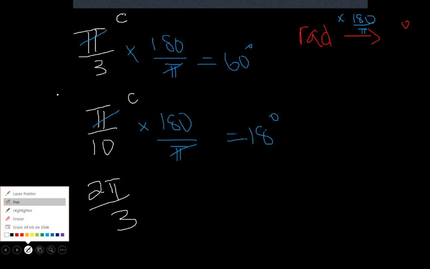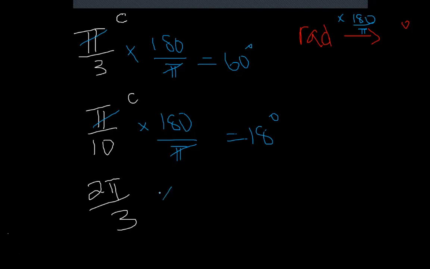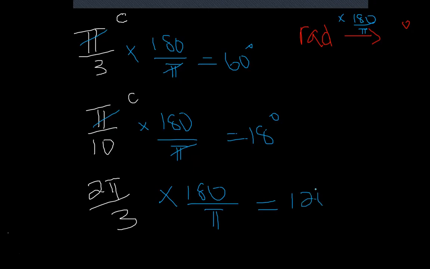Okay, sorry about that. So 2 pi on 3 multiplied by 180 on pi, yes, it is 120 degrees. But even if you do this whole method, multiplying by 180 on pi to get the 120, above here you found out that pi on 3 is 60 degrees.